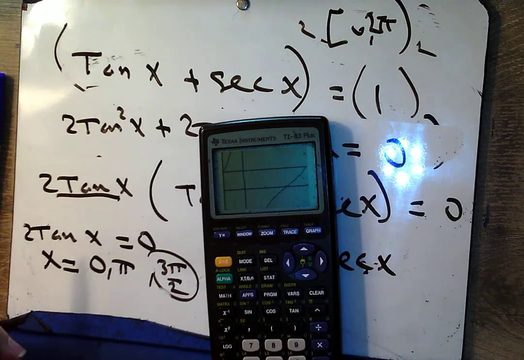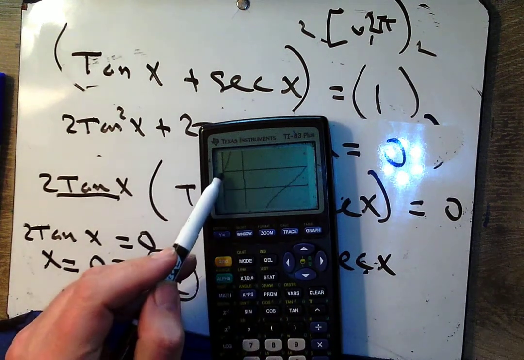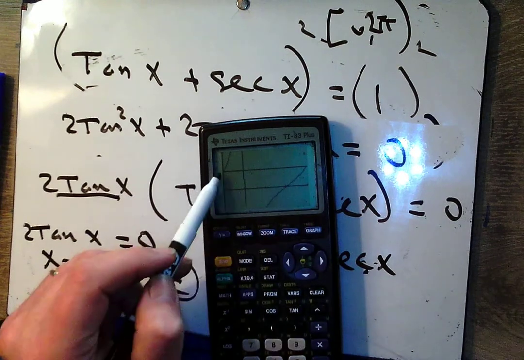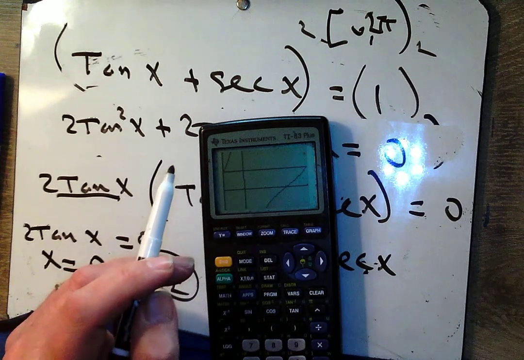Well, isn't that special? Mr. Kukla, I only see one point of intersection. This one's at 2 pi, so it doesn't count. So x equals 0 should be my only answer.